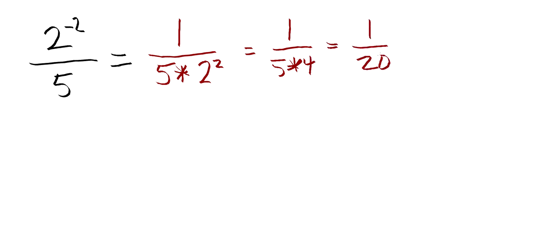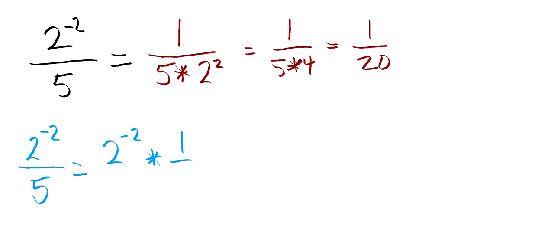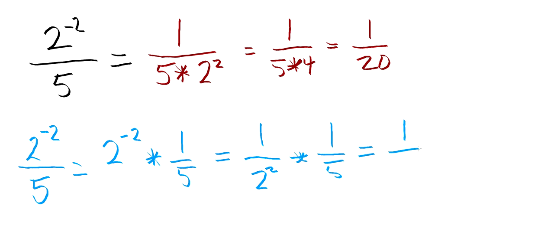And again, if you need to see the separation of the fractions, I'll do that in blue. 2 to the negative 2 over 5 is the same thing as 2 to the negative 2 times 1 over 5. That gives me 1 over 2 squared times 1 over 5 equals 1 over 4 times 1 over 5, which still gives me 1 over 20.